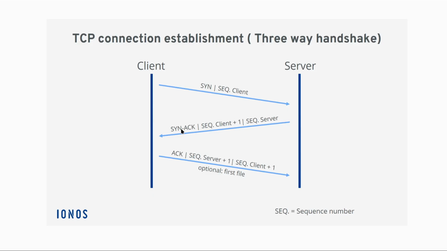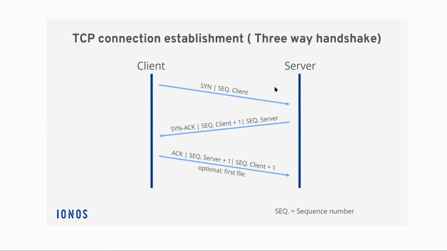Once it establishes the connection, the client sends an acknowledgement flag. It says let's connect, and only after this does the data transmission happen. This makes TCP connection oriented, and this is the reason it guarantees data transmission to the desired destination.